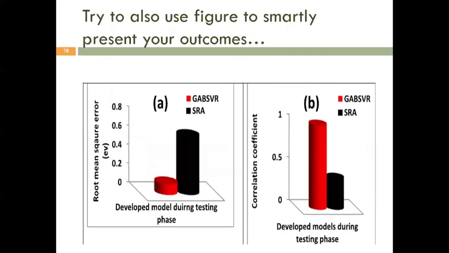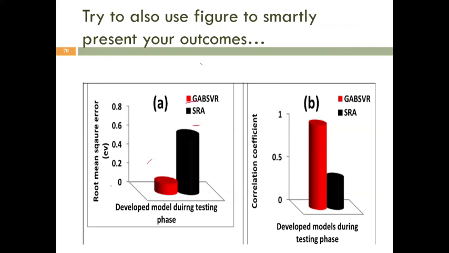And finally, last but not the least, irrespective of either regression or classification, it is highly recommended that our results be presented in a very smart way, in pictorial representation. Try to put your result in a very nice way that people can see at a glance. When you put results in a table, you can try to combine 2-3 tables together in one plot so that people can see at a glance, oh, this is the proposed method.